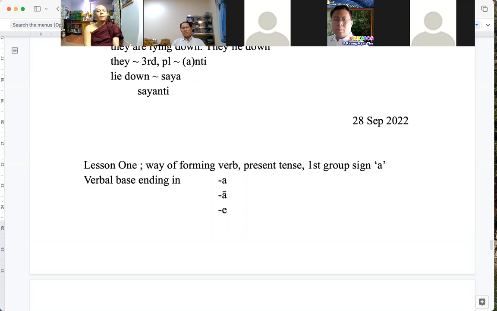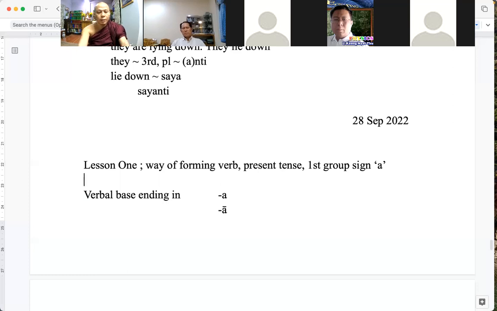Briefly, we also learned the special changing of some roots. So this is the summary of the first lesson.